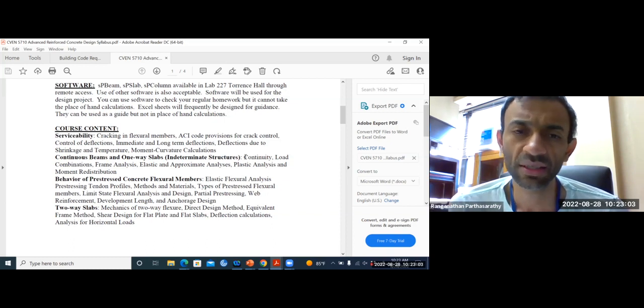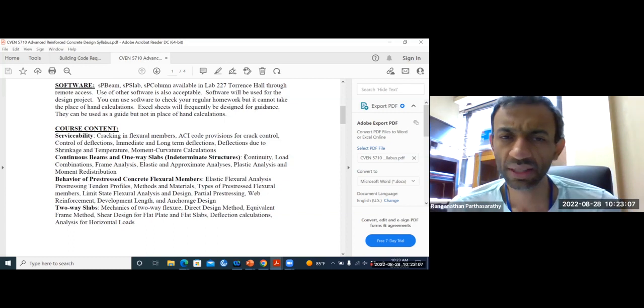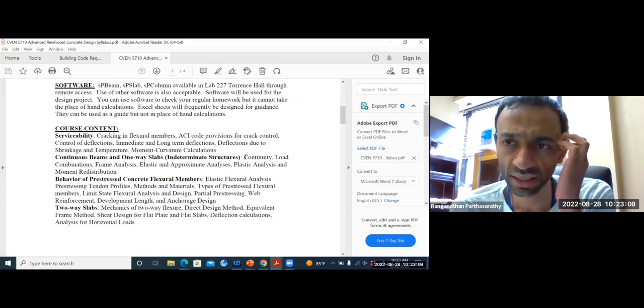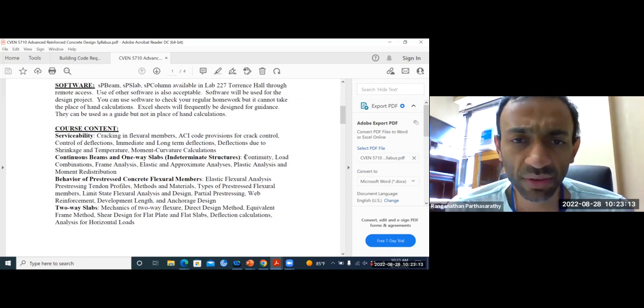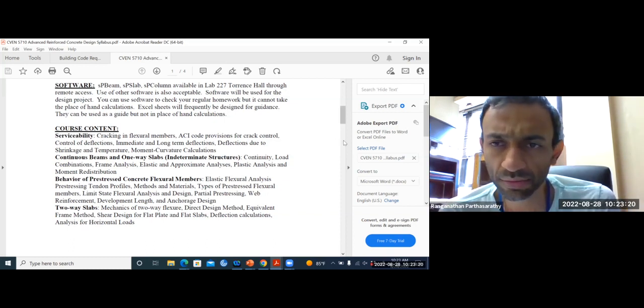That is what is specified in the code. So we will be learning both of these methods, direct design and equivalent frame method. For the equivalent frame method, we will use the spBeam software.